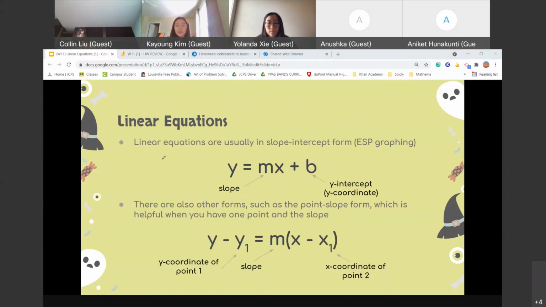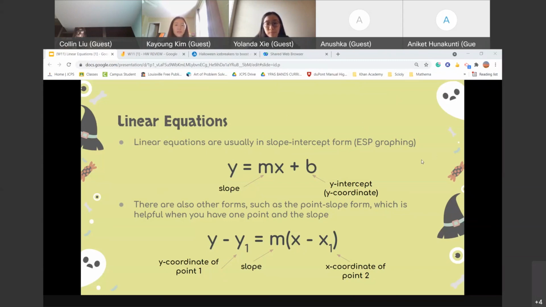The first form that you see a lot would be the slope-intercept form. This is especially helpful when you graph. In y equals mx plus b, the m is the slope. We'll talk about what all of these are in a second. And the b is the y-intercept, and it only shows you the y-coordinate.